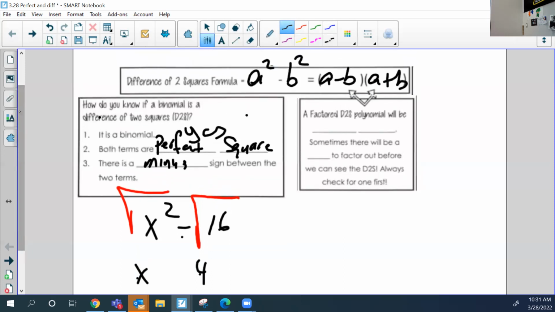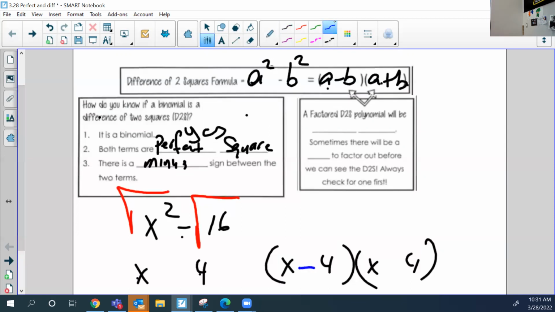All right, you're going to have 2 parentheses now. Both are going to have x and 4. You put an x and a 4 here, an x and a 4 here. Just like the formula, you have A and B, A and B. And then one of the parentheses gets a minus sign, and the other one gets a plus sign. And those are the factors.